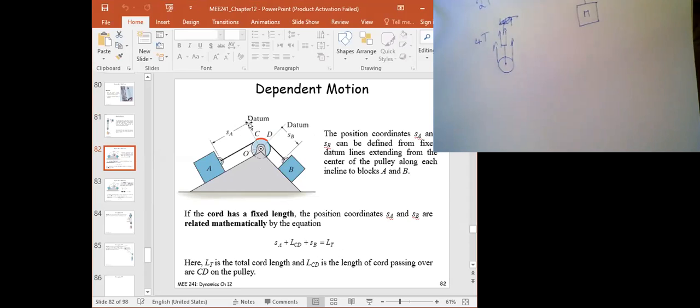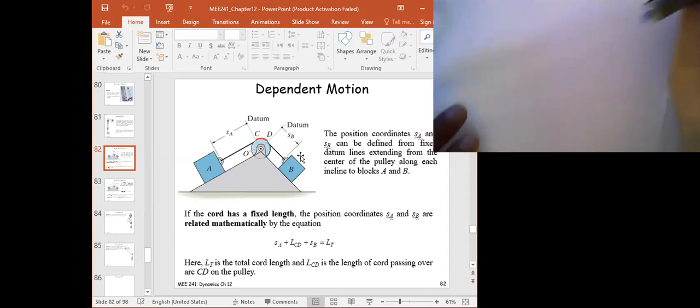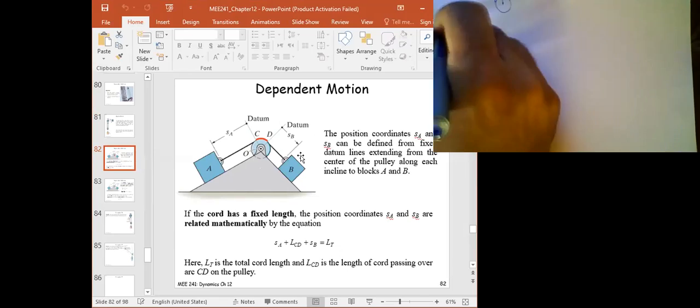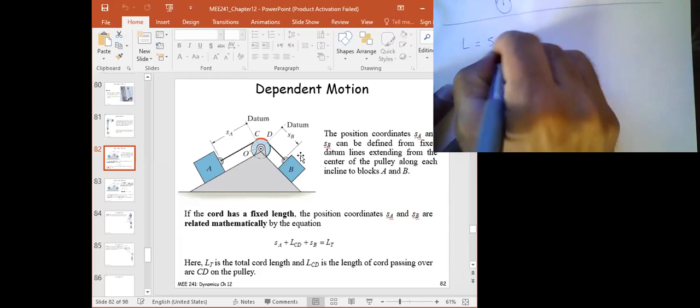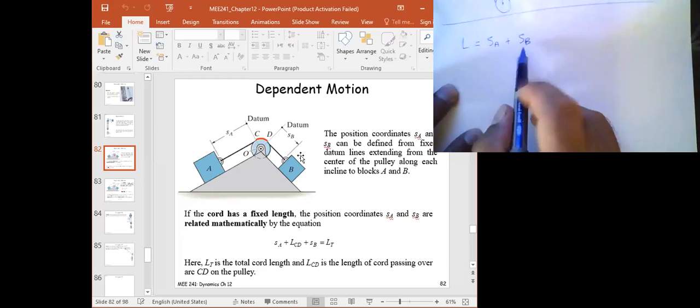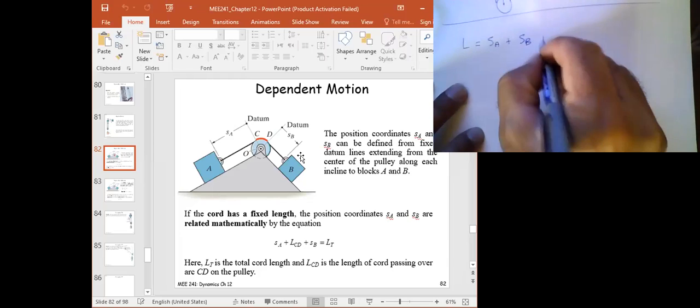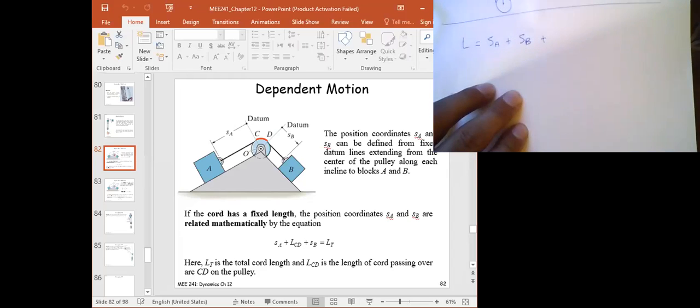SA is being measured from this datum downward, and SB is being measured from this datum downward. So in this case, the length of the cable is going to be equal to how much? SA plus SB, plus I have a fixed length on the pulley, which is not changing no matter how much A slides or how much B slides.